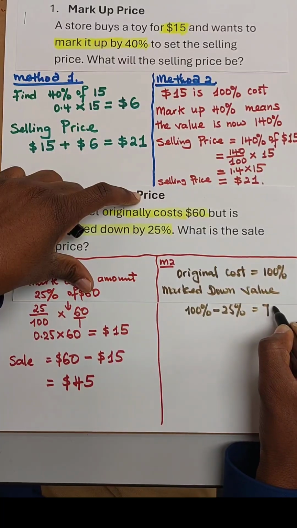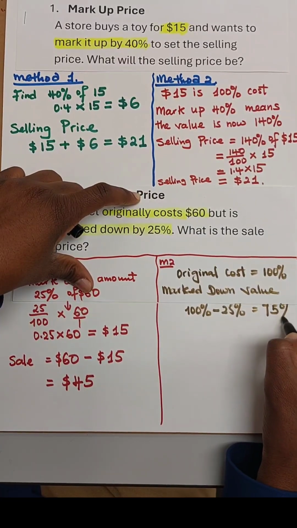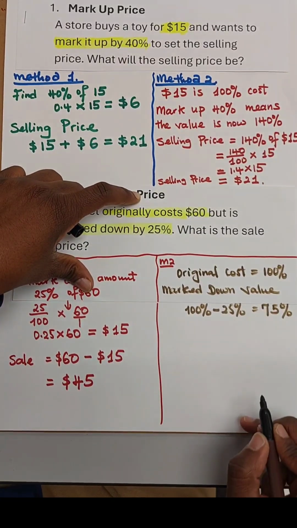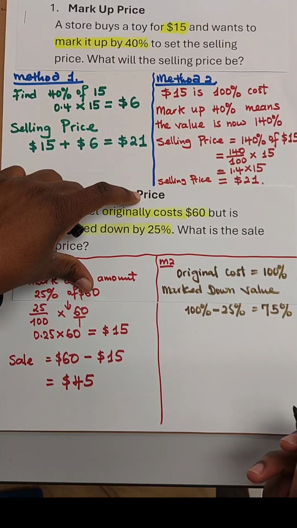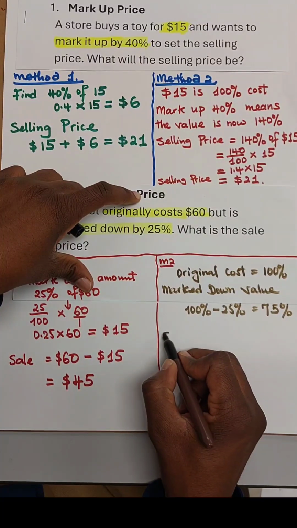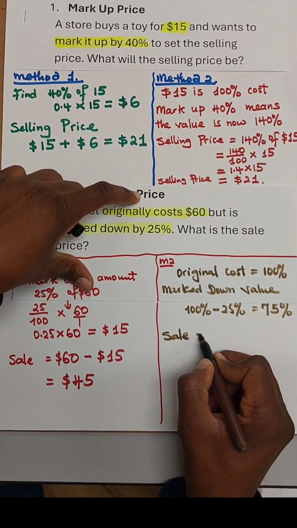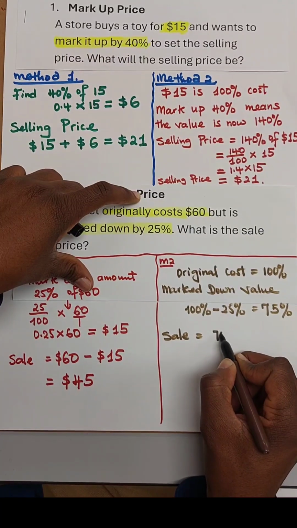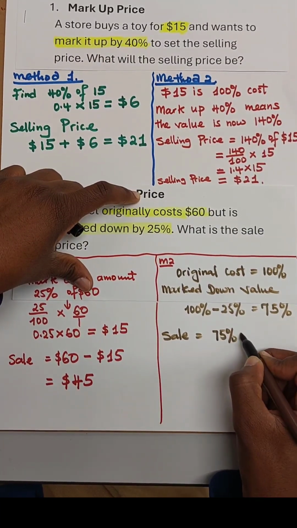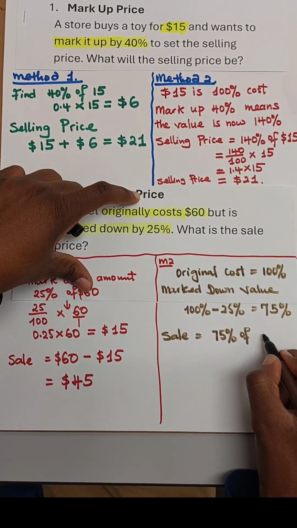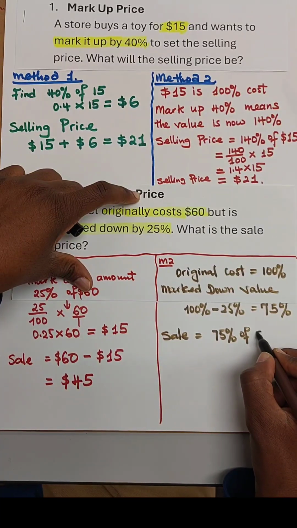So the markdown value is 75%. So you're not buying it at 100% again, you're now buying it at 75%. So the sale is 75% of $60.